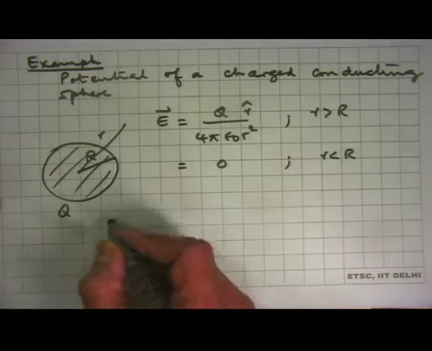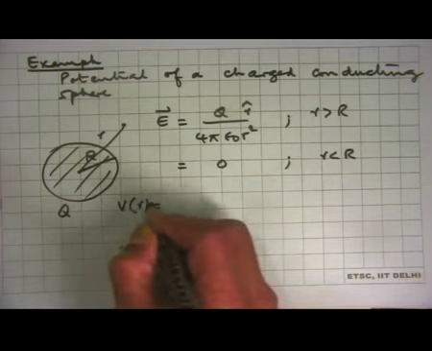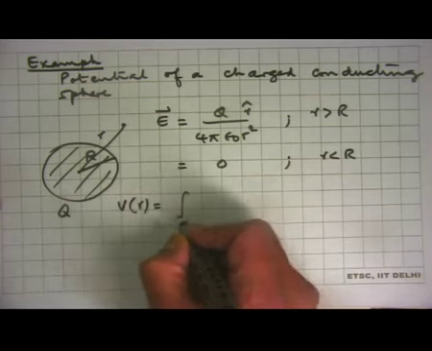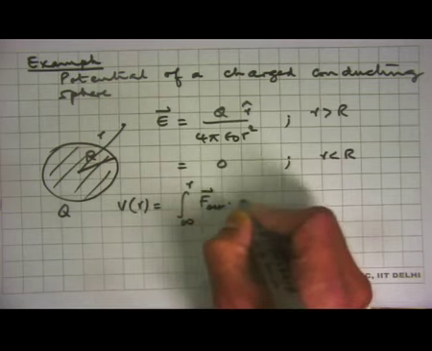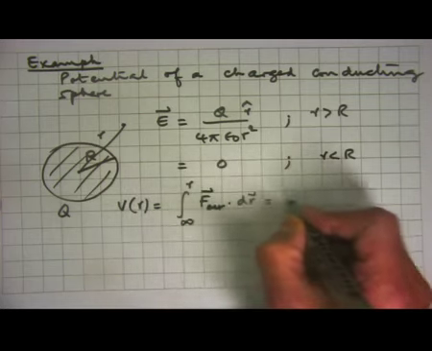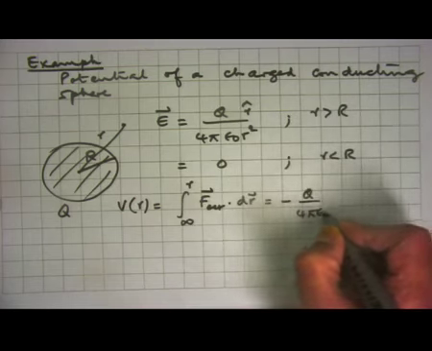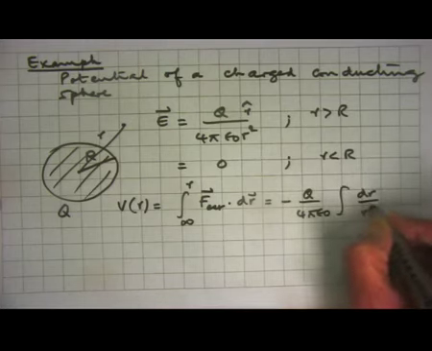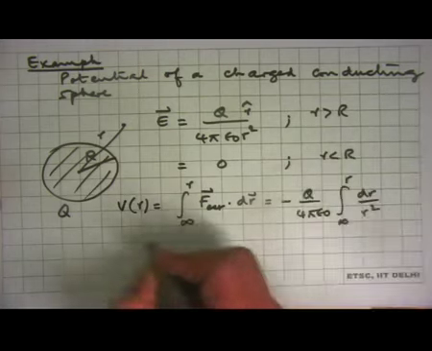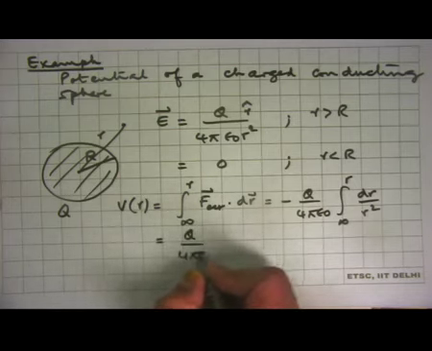So, I can calculate the potential at this point. V of r is equal to minus integral from infinity to r of E external dot dr, which is equal to minus q by 4 pi epsilon 0 integral dr by r square from infinity to r, which is actually equal to q by 4 pi epsilon 0 r.